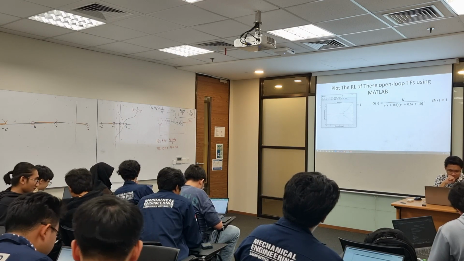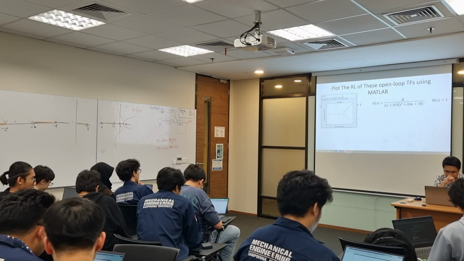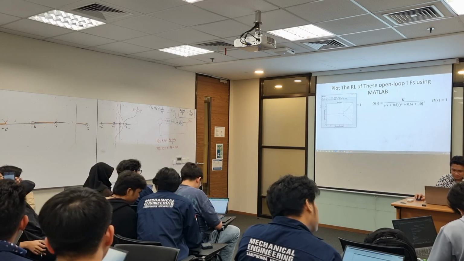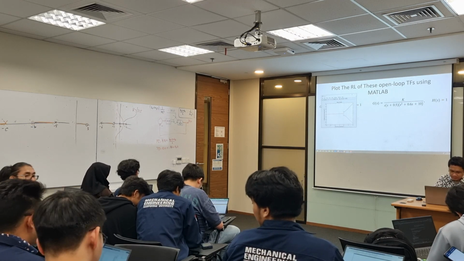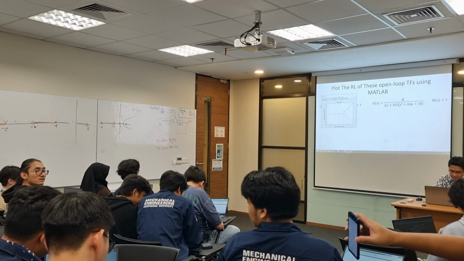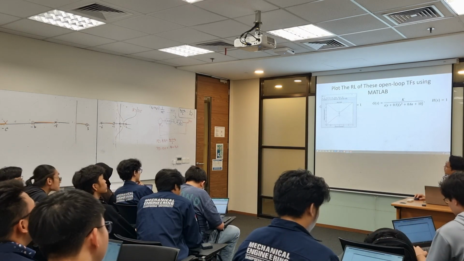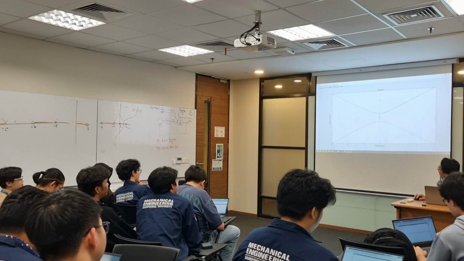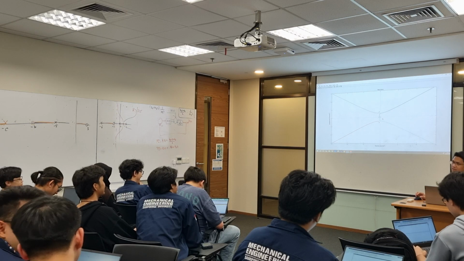The denominator is 1, 2, 3. 1, 0, 9, 2.03, 5. Wow, okay. Yeah, this is the correct one.